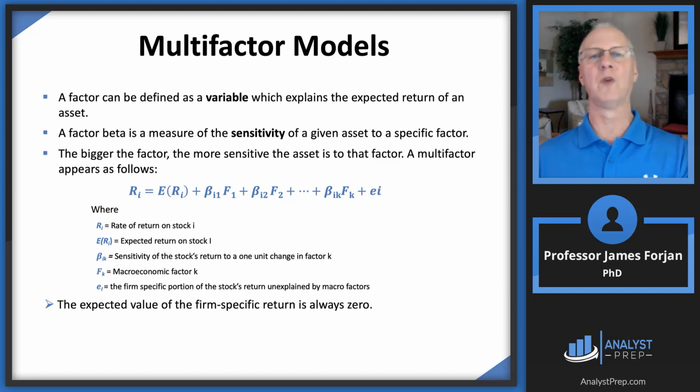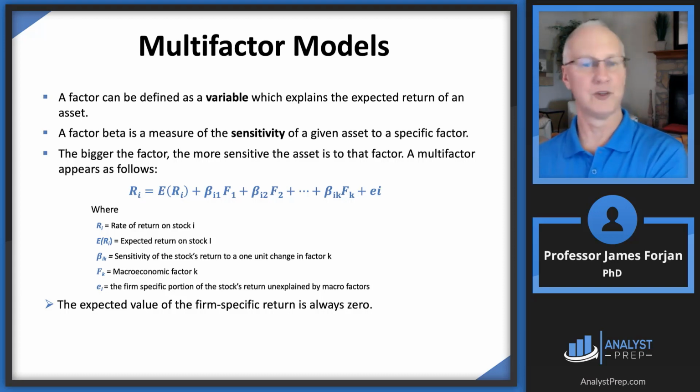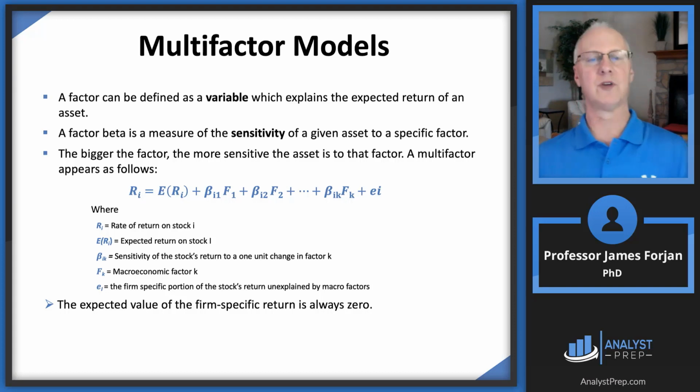All right, so this is what a multi-factor model looks like. Notice the formula there. The actual return on an individual security is equal to its expected return plus a bunch of other stuff. And look at that bunch of other stuff there to the right of the first plus sign. We've got an F1 and an F2.